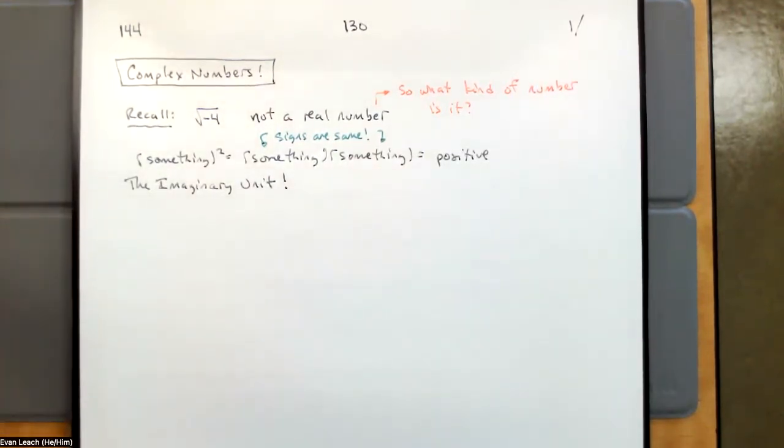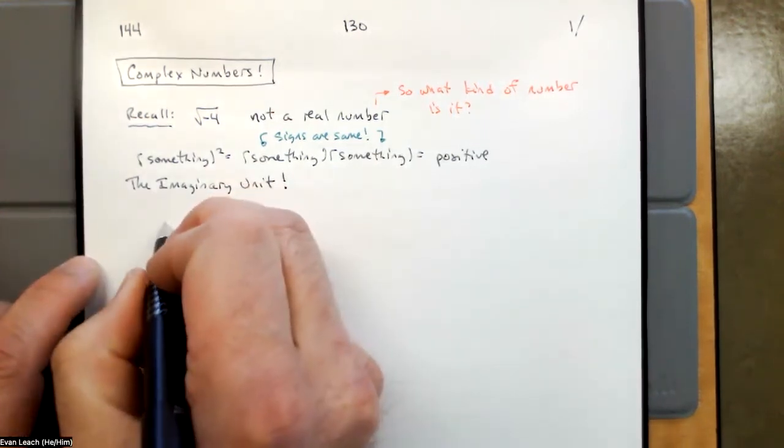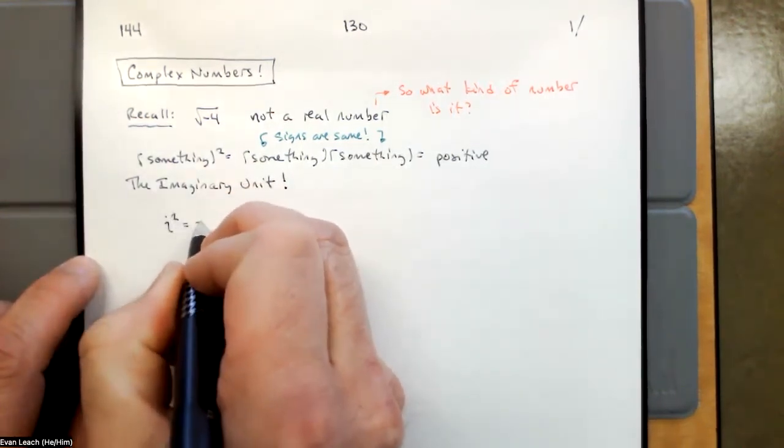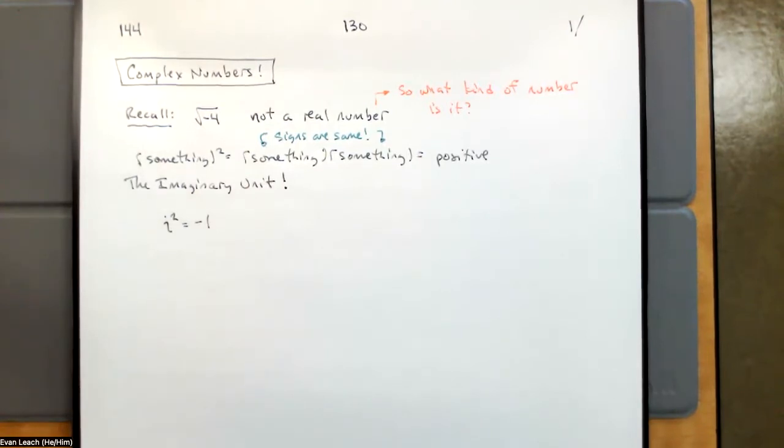So we invent this number called the imaginary unit. And this is what we do. We said i is a number that when we square it, we get -1. i squared is -1.